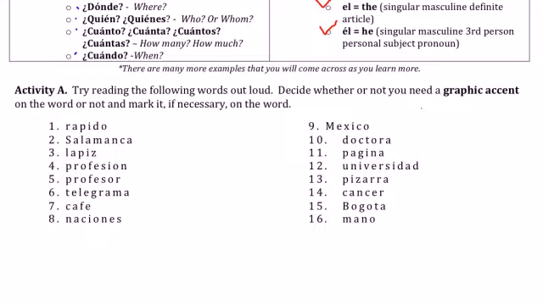Dos, Salamanca. Tres, lápiz. Cuatro, profesión.